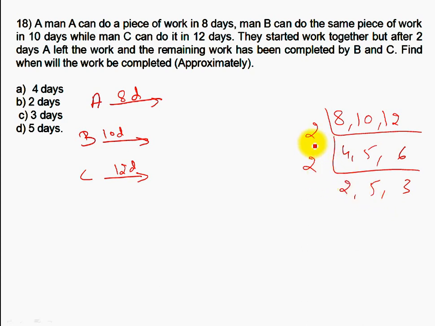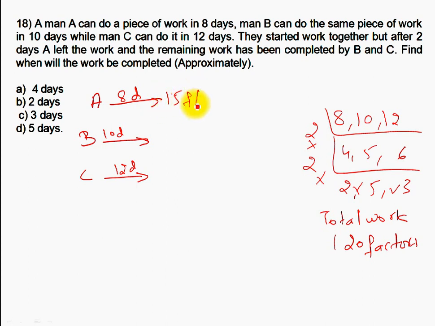There is no common factor here, so we multiply these: 120. Our total work comes out to be 120 factors. Per day, A will complete 15 factors, B 12 factors per day, and C 10 factors per day.